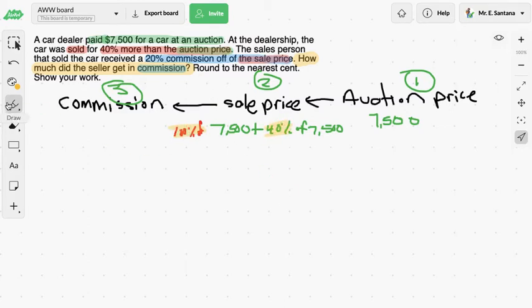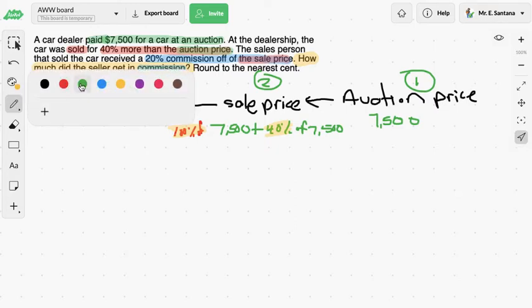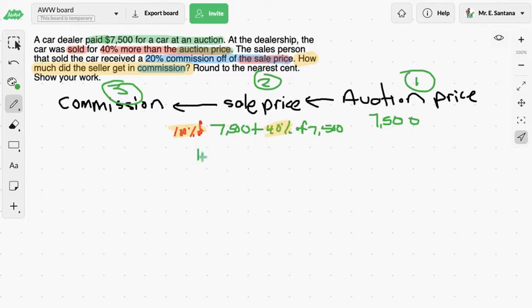Together, they allow me to calculate what I really want, which is 140% of 7,500. When I calculate this, it's 1.40 or 1.4 times 7,500.